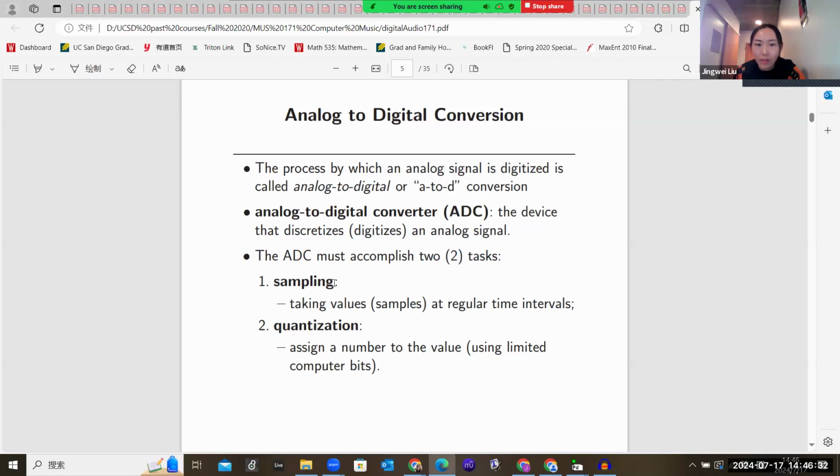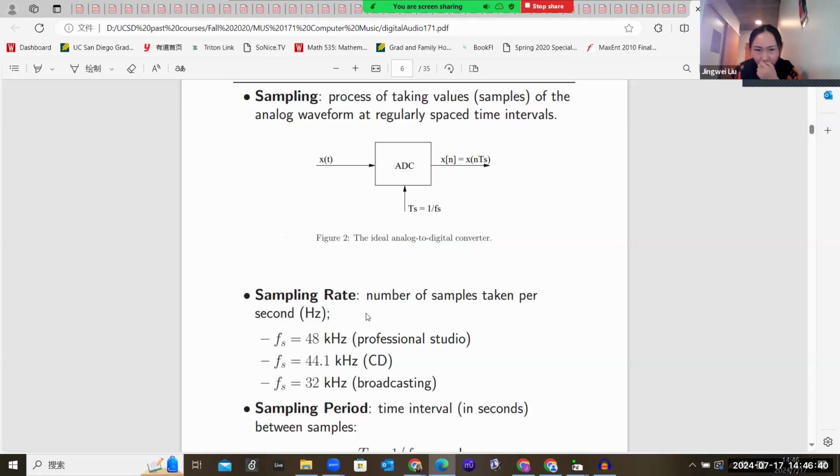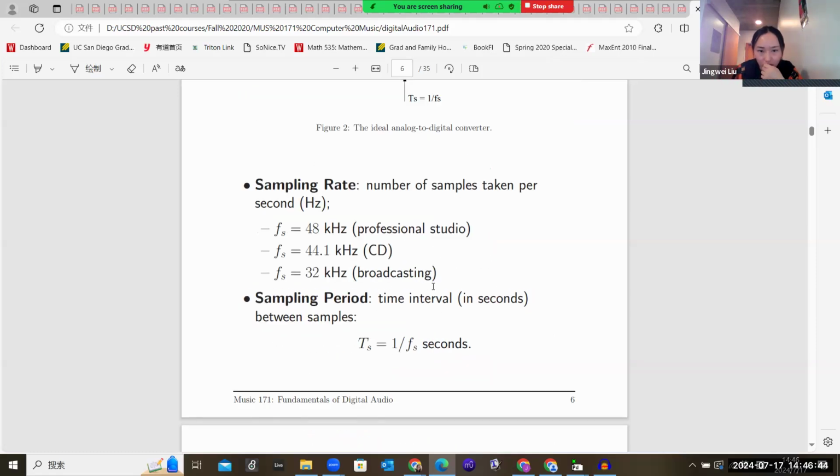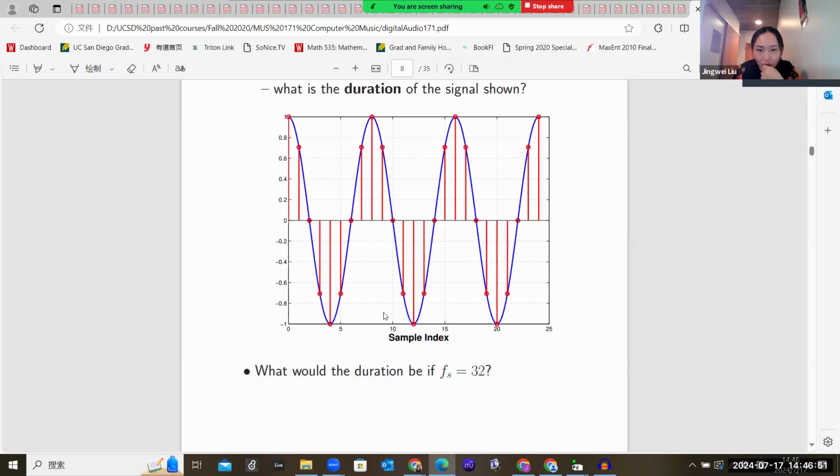One is sampling, which is what we are talking about now. Another is quantization, which is our next topic. So now let's focus on sampling: sampling rate, sampling period, and time discretization.